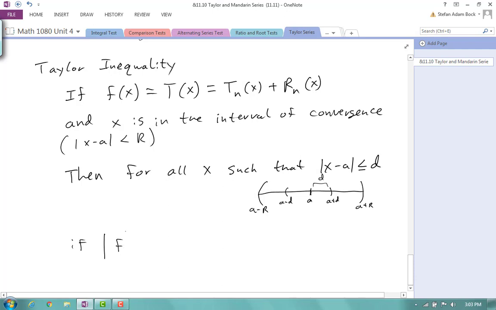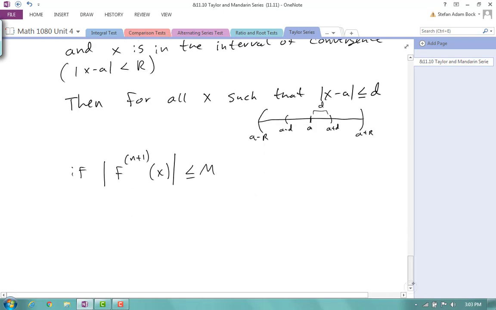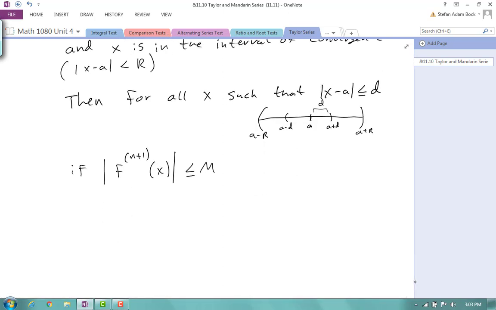If f n plus 1 of x is less than or equal to m for all x, oh, no, I already said that. For all x in there, if f n plus 1 of x is less than or equal to m, which basically says my next derivative, my n plus first derivative, has a bound.